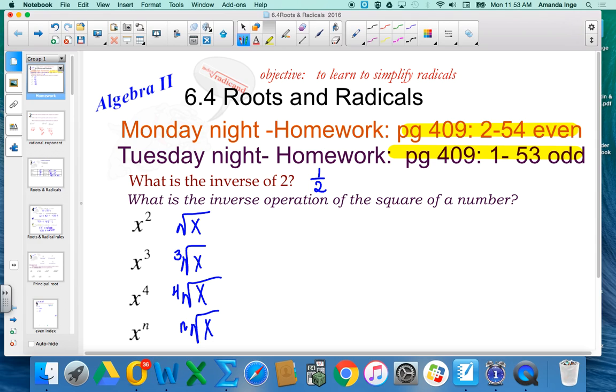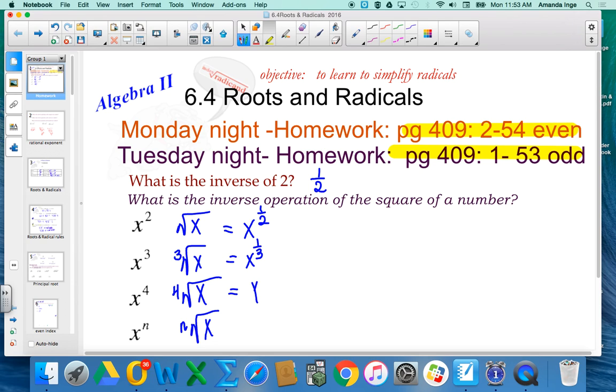So having said that, I'd like to go back and look at x squared. The square root of x is, like we said, the inverse. Well, the inverse of the number 2 is 1/2. So x to the 1/2 power is equal to the square root of x. So x to the 1/3 power is equal to the cube root of x.